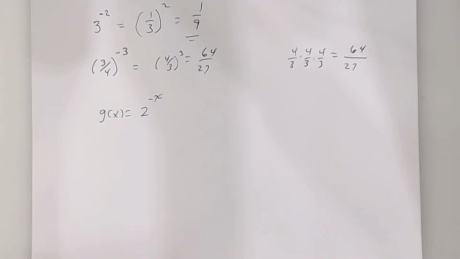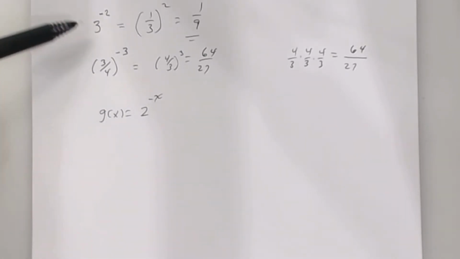Because yesterday we said if the base is bigger than 1, what's your function doing? Increasing. Well, what's the base here? 2. So is it increasing? The negative exponent has something to do with it.